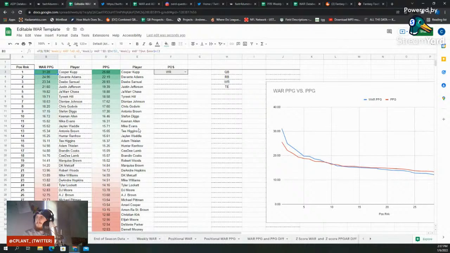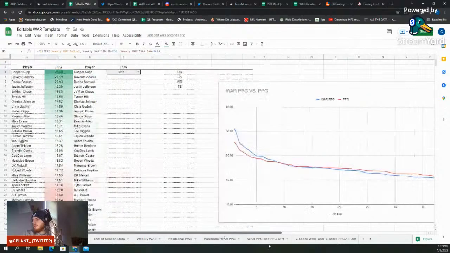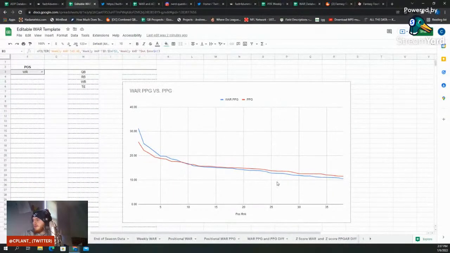That's actually like right about value. Now the more you go towards the lower position ranks, the more points per game is actually overvaluing. So this is where people are like, oh, wide receivers are deep because of this points per game in the later position ranks.